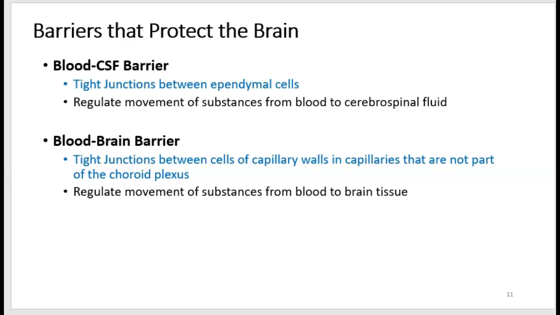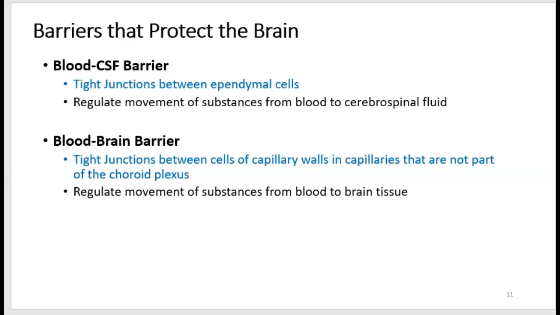So we have seen that the brain is protected by controlling the composition of CSF. This is known as the blood-CSF barrier, and it consists of the tight junctions between those ependymal cells and the transporters that are located in the ependymal cells that can regulate the movement of substances from blood to cerebral spinal fluid.